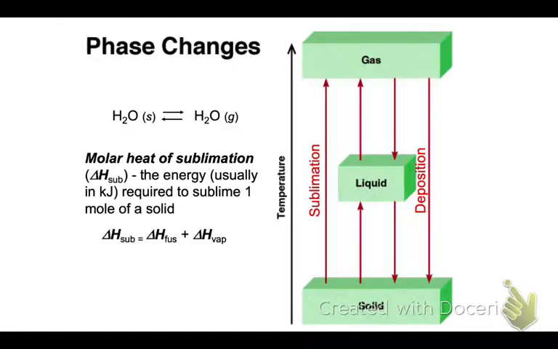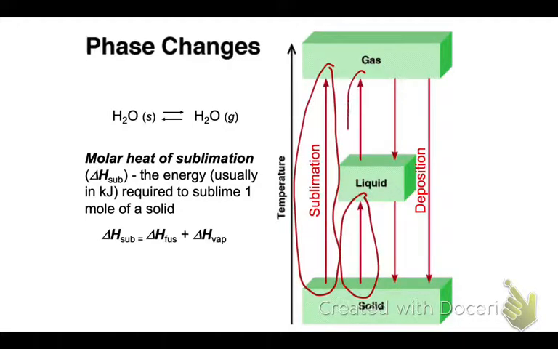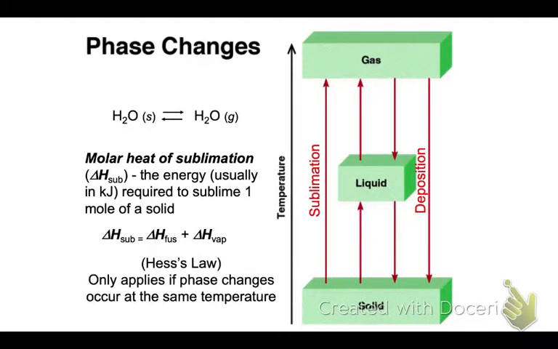Look at it here on the diagram. This is also Hess's law, by the way, right? This is heat of sublimation, which equals heat of fusion plus heat of vaporization. You add them up together, as long as everything takes the changes at the same temperature.